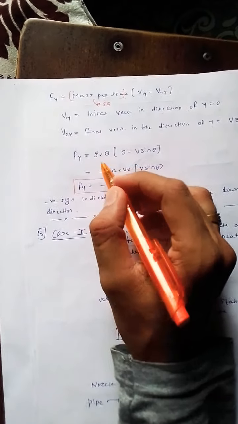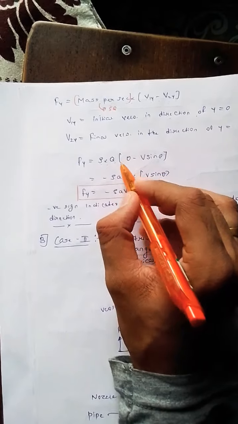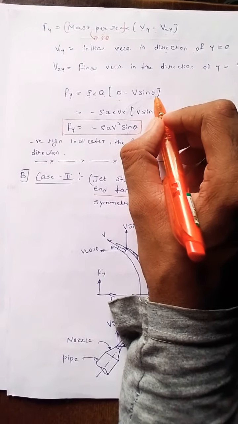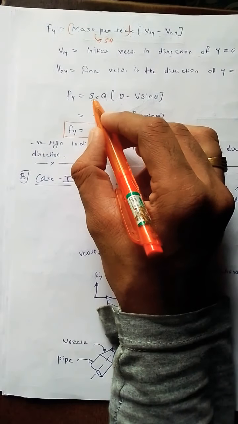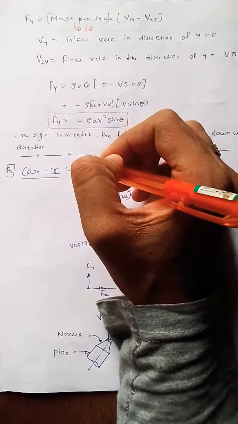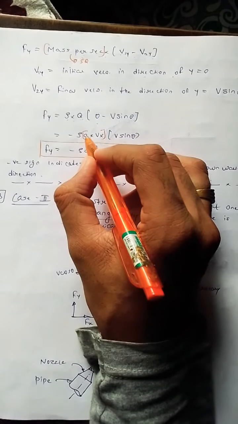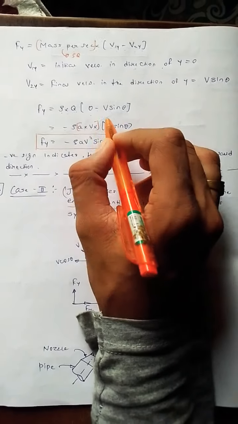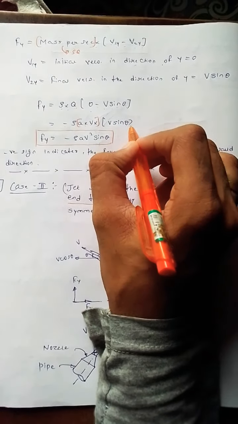So it will be rho into Q into bracket 0 minus v sin theta, correct? So it will be rho into A into v, since Q means area into velocity, correct? In the bracket, I have taken this minus sign outside, so it will be v sin theta, correct?